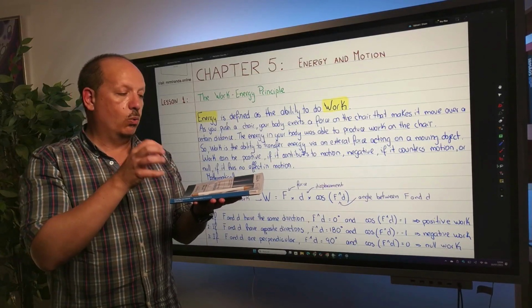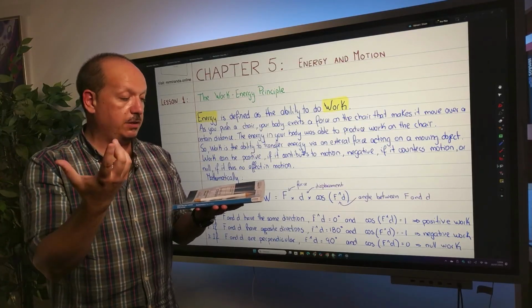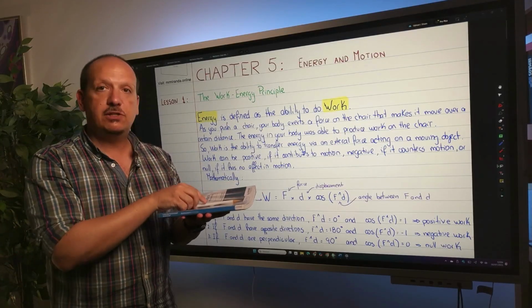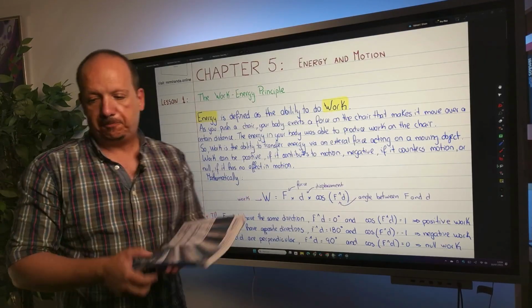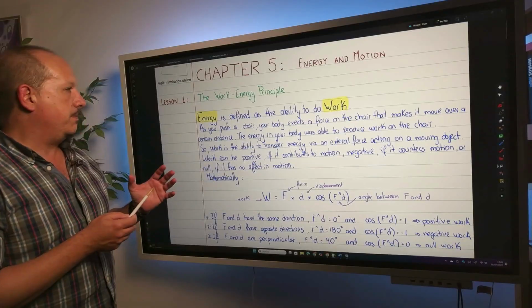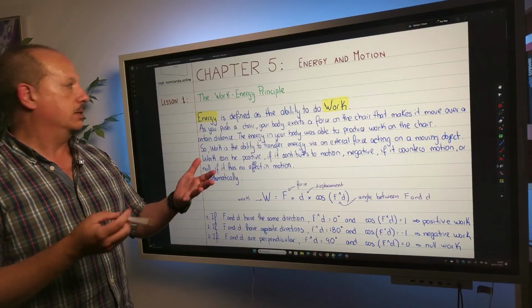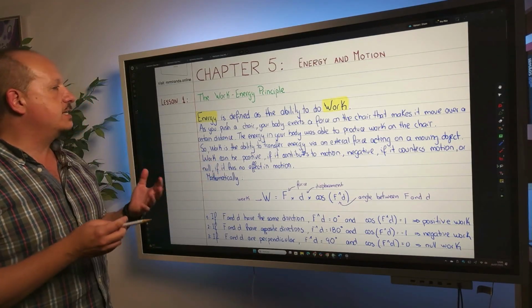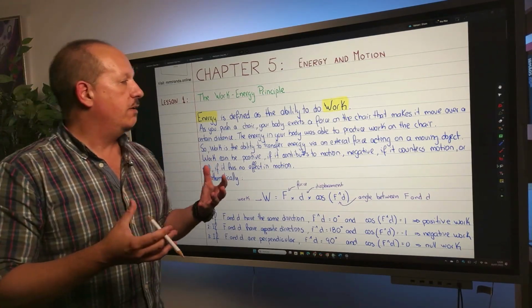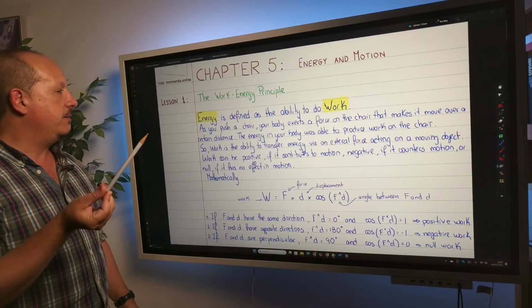Okay, where did the work come from? It came through the energy that my body, through my finger, applied to it. So the energy in my body was able to produce work on the marker in this case. So work is the ability to transfer energy via an external force, my finger, acting on the pen.